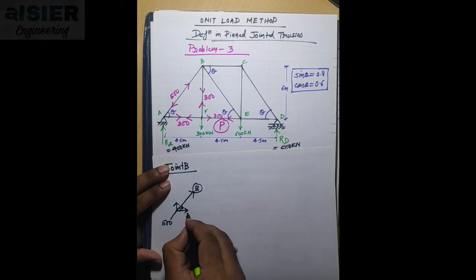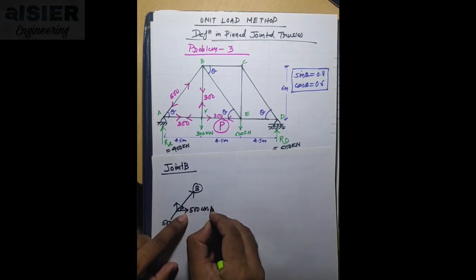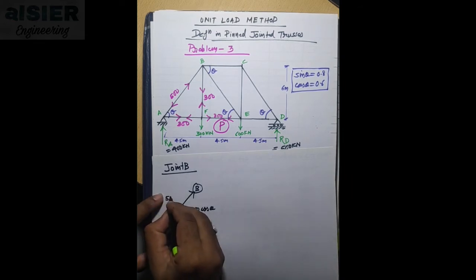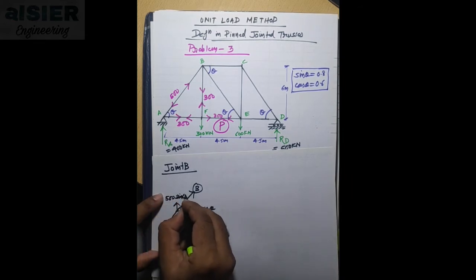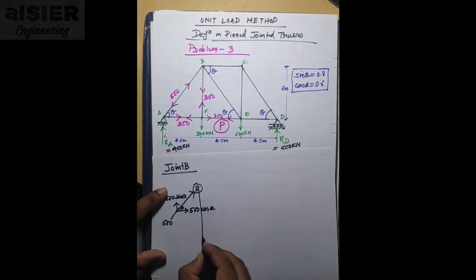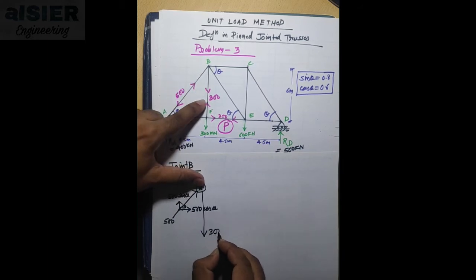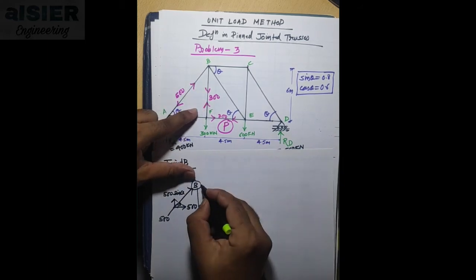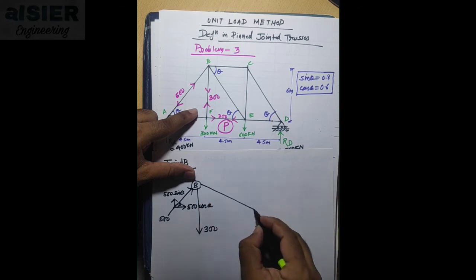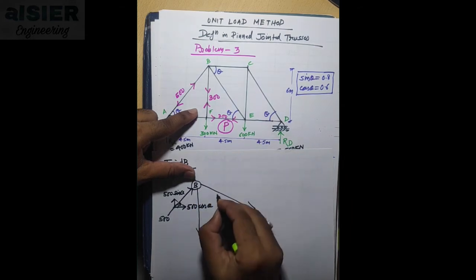So this is 500 cos theta and this is 500 sin theta. Then other one is going downward. We know that this is 300. Okay, fine. Then next is this force. Again we don't know this force, so we will consider it as away from joint. There will be two components.